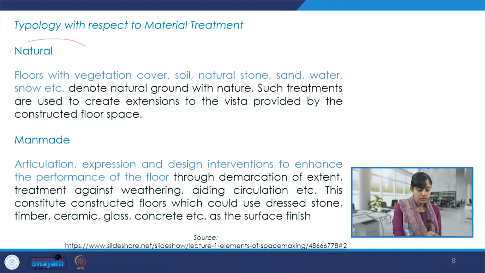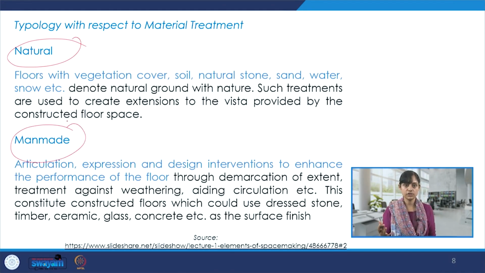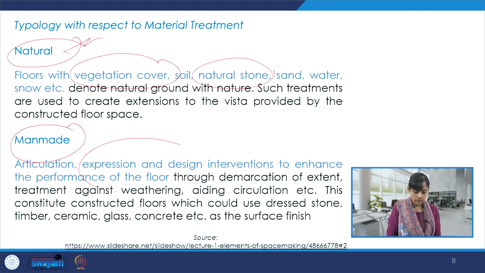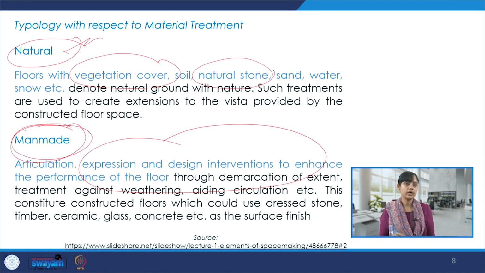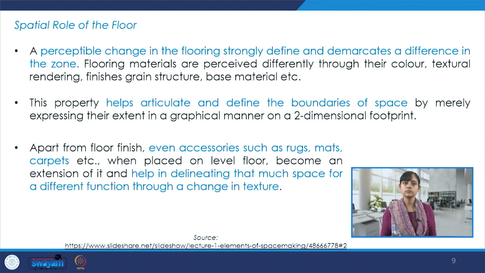It could be natural, it could be man-made, we could have different kinds of articulation, it could have a vegetation cover as part of natural or a natural stone, or we could design expressions, customize details, do interventions as part of our skill sets to have different kinds of floors.